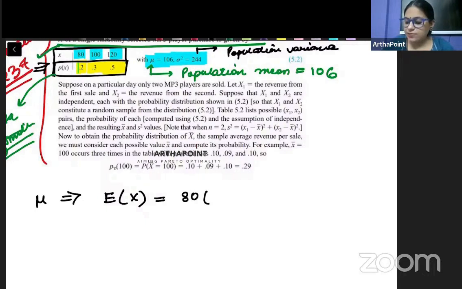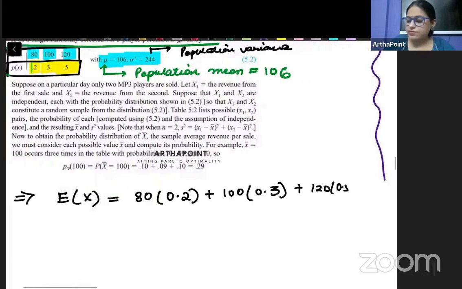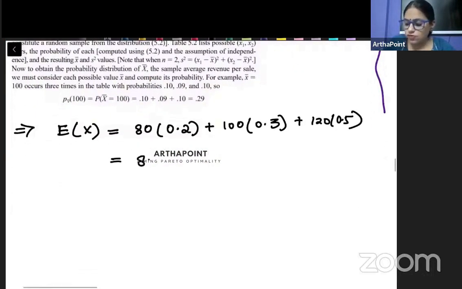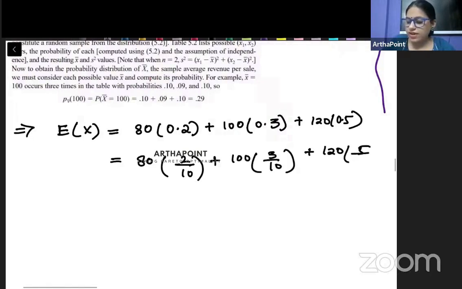I will do 80 into 0.2 plus 100 into 0.3 plus 120 into 0.5. If I just try to solve this, I will get 80 into 2 by 10 plus 100 into 3 by 10 plus 120 into 5 by 10. So what will I get here? This will be 16. This will be 30.